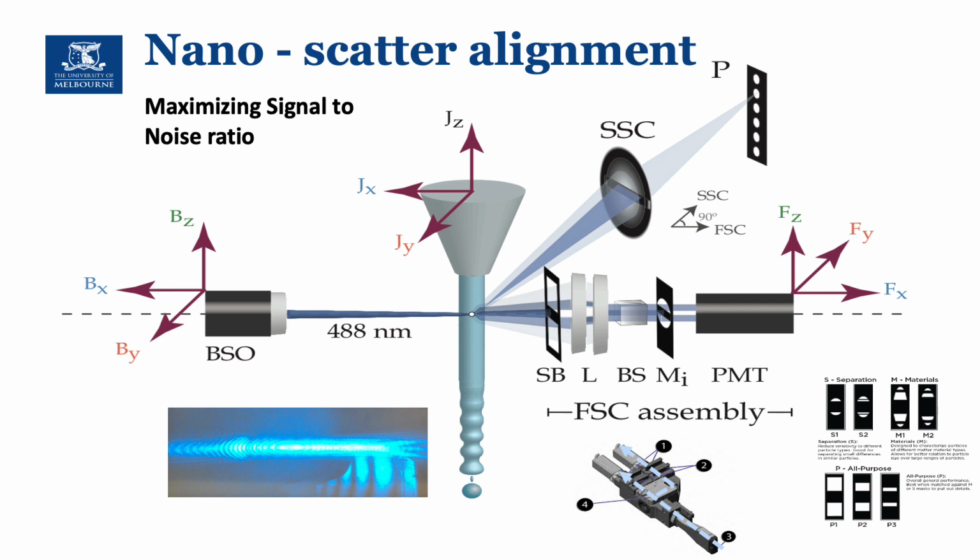A few years ago, we ran this experiment on the Astrios, the MoFlo Astrios, which is a jet-in-air sorter, and the aim of the experiment was to optimize the scatter alignment for the forward assembly, which is quite complicated and fancy in the Astrios, with a lot of fine-tuning that you can apply in terms of masks to block different components of the noise.